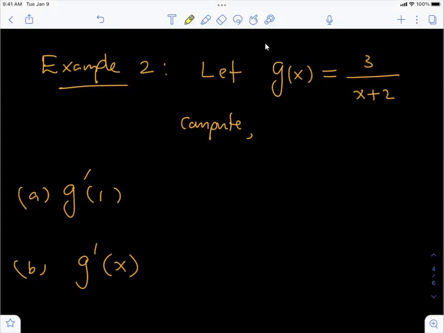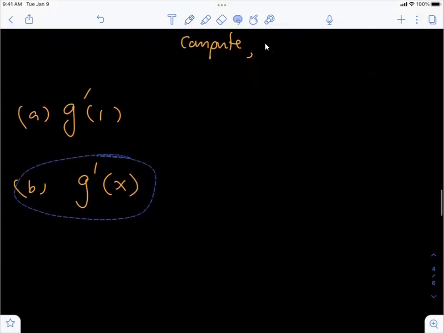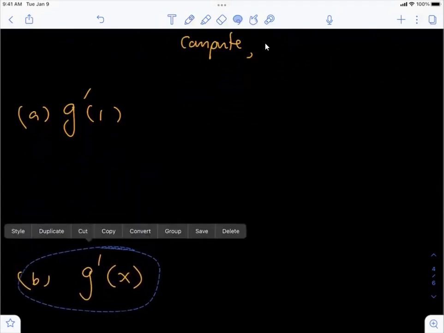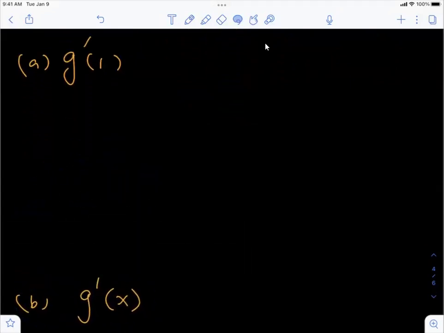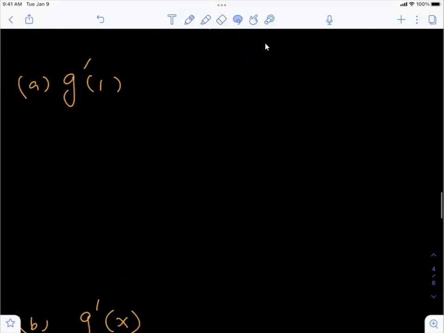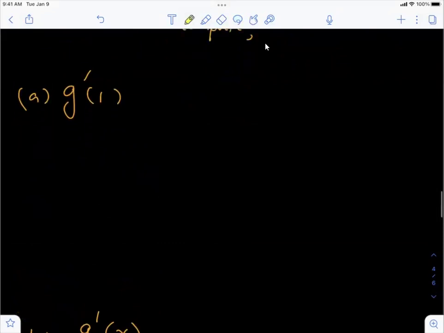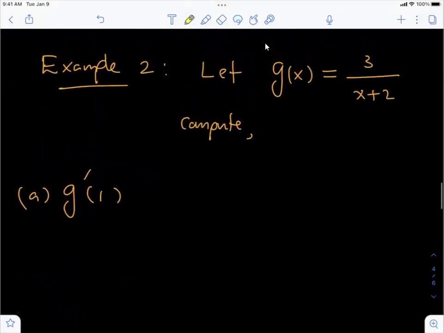In fact, why don't we do this? Let me give you just one of the parts. I will leave this one as a homework or as an assignment for you, and I will work with one of the pieces so that in that way we do have a starting point, right?